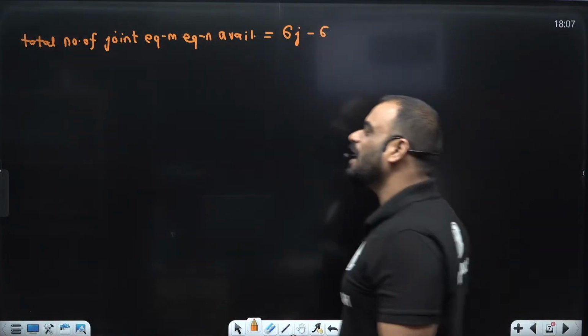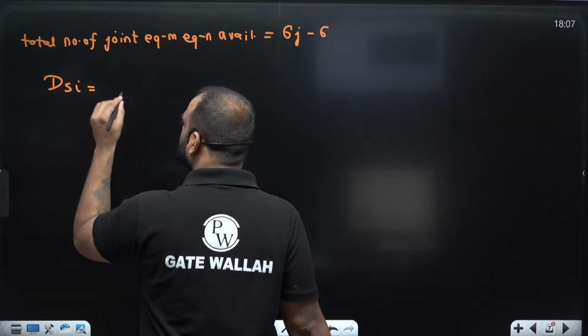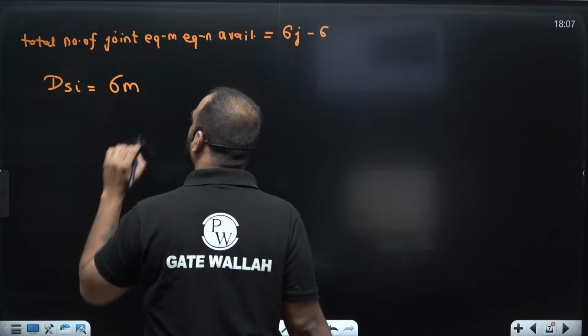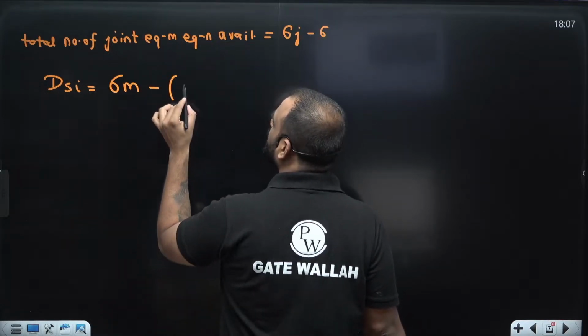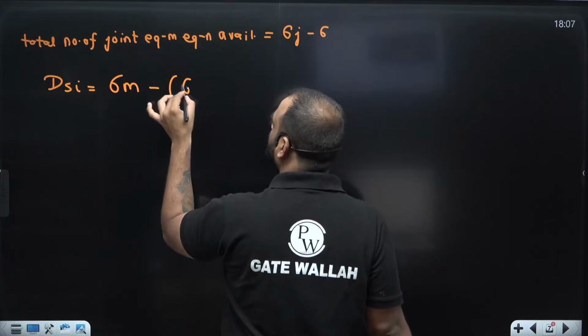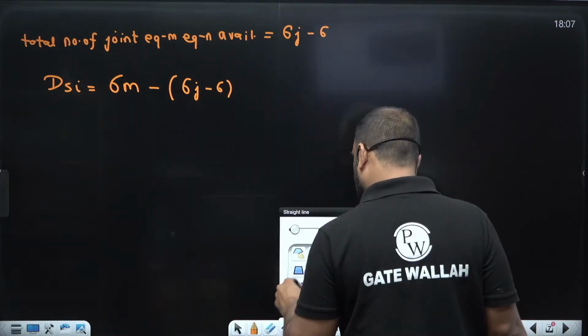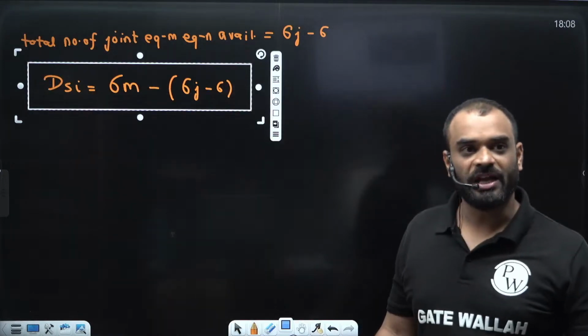So our formula to calculate the value of DSI is very simple. What is the total number of reactions present as internal reactions? It is 6m minus the total number of joint equilibrium equations available, so we can write 6j minus 6. This is one of the formulas, guys, which you can use to calculate the value of DSI.